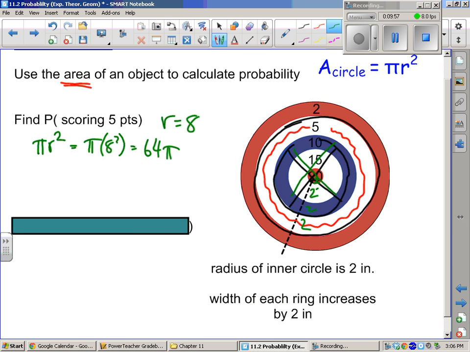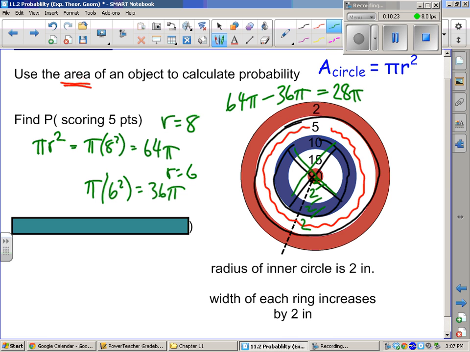Now it's in green. 2, 4, 6. 6 squared is 36 pi. Okay, so if we subtract those two, that will tell us the area of the little ring. So 64 minus 36 is 28 pi.